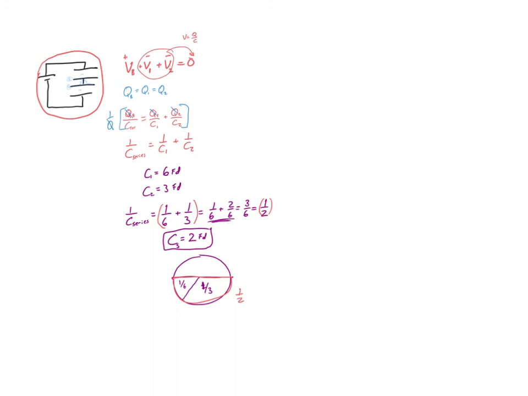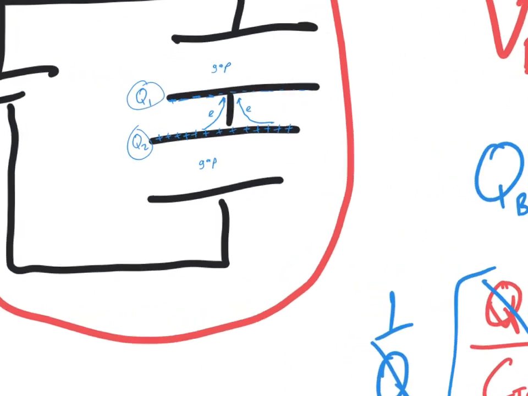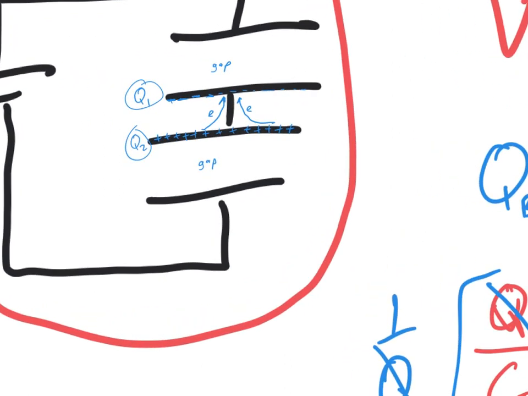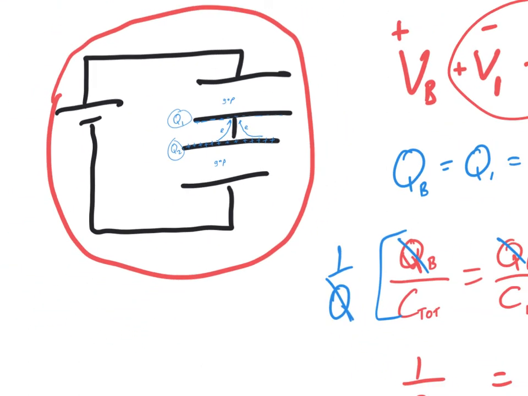I'm about to do another derivation. The first one used the Kirchhoff laws. The second one's going to use the capacitor design equation. But instead of zooming in and looking at the charge motion, I'm going to reduce the size of this wire.